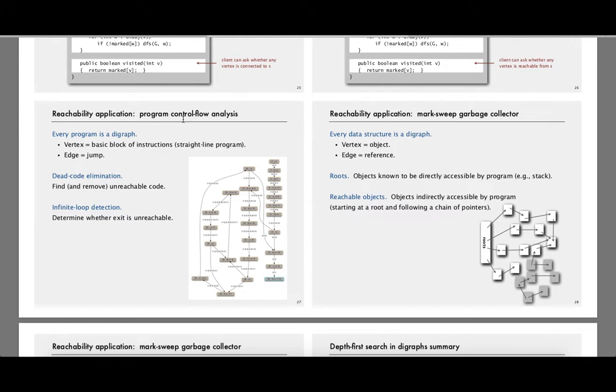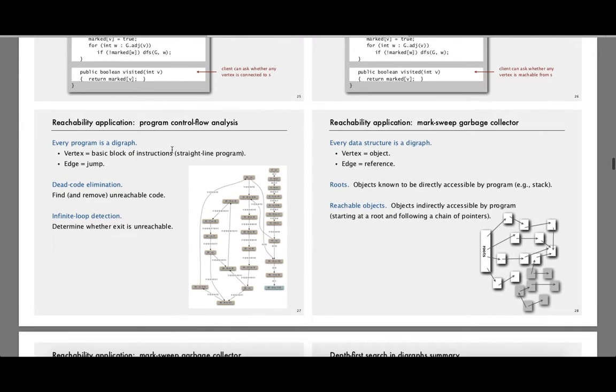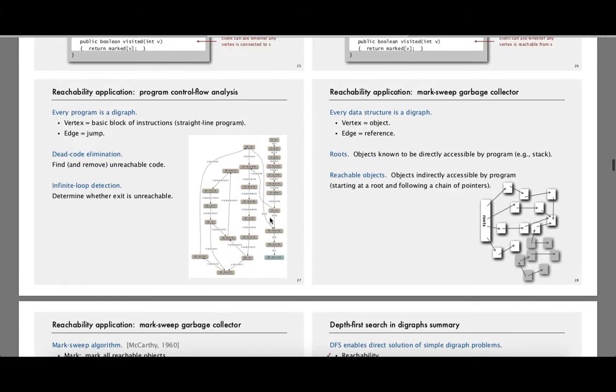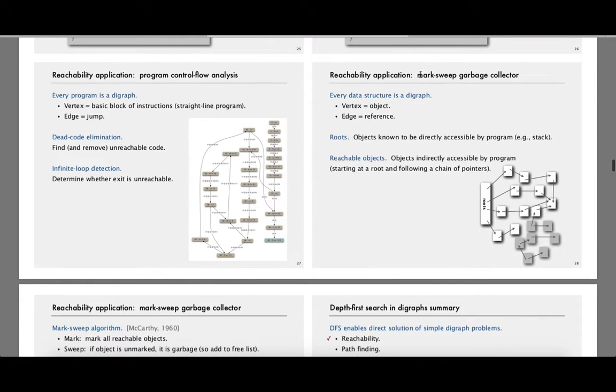It's finding and removing unreachable code, and infinite-loop detection, where the exit is unreachable. So here a vertex is our block of instructions, and an edge is a jump from one block to another. And the next one is the mark-sweep garbage collector.